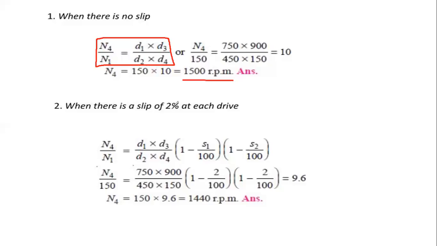Here we do not have the speed of the driven pulley, and the slip is taken as 2.